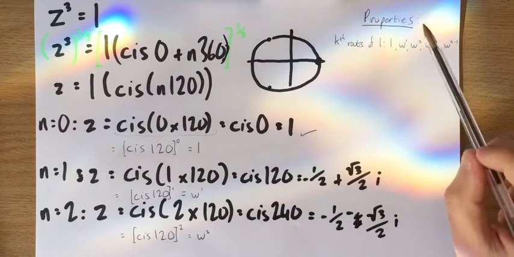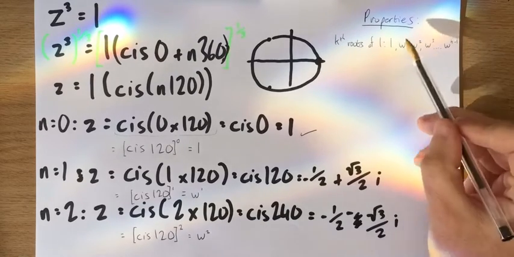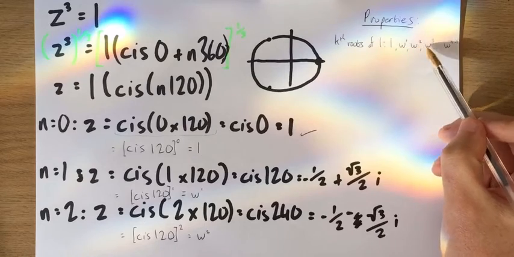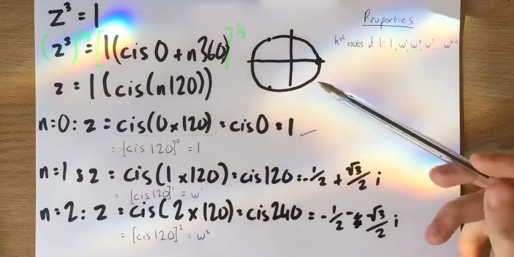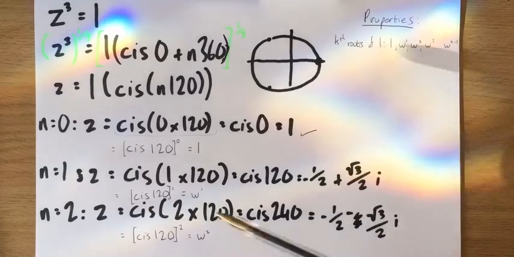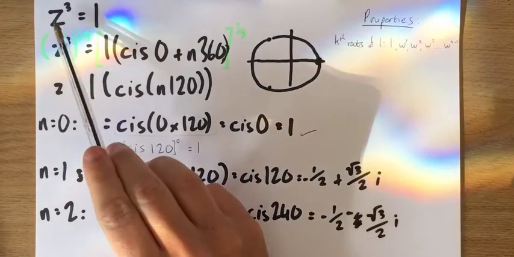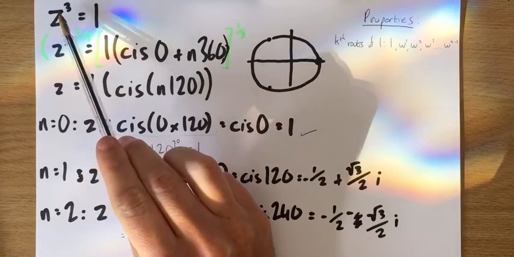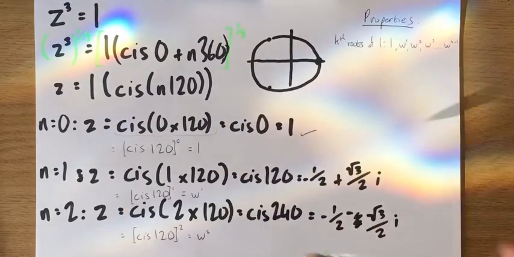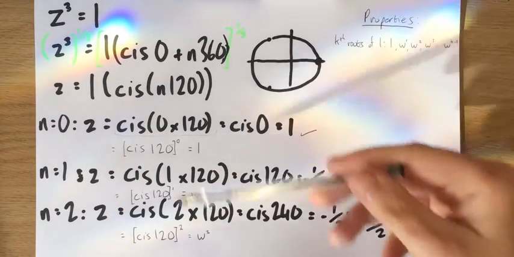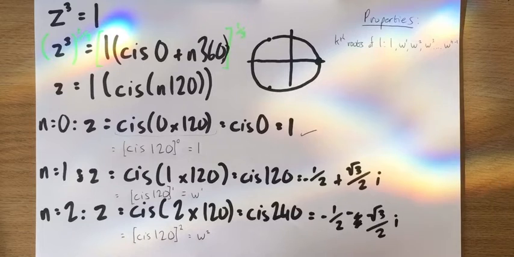So that's one property of unity. They will always be in that pattern. The book does it more abstractly. It solves complex number to the power of k. So you can see it done there, but this is it done using a more specific example.